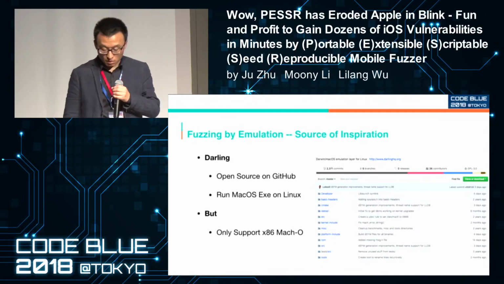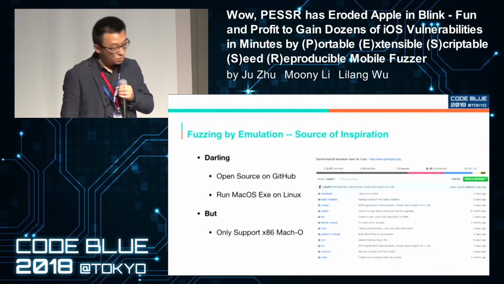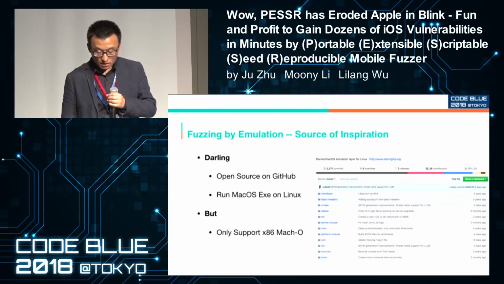It has implemented a dynamic loader that can load Mach-O executables and the runtime system libraries and frameworks, so as to enable Mach-O executables to run. Unfortunately, however, it can only support x86-based Mach-O, which runs on macOS.